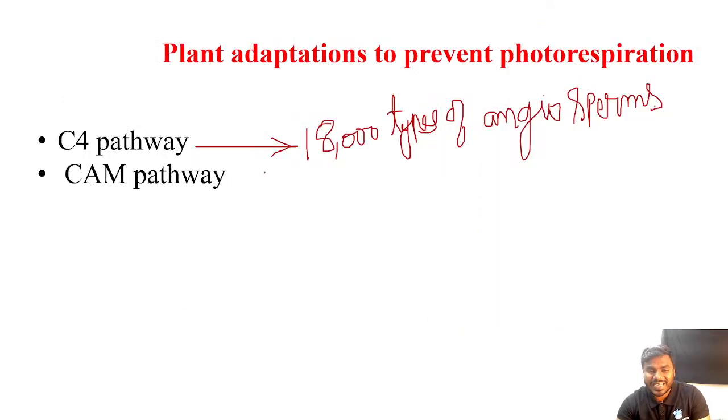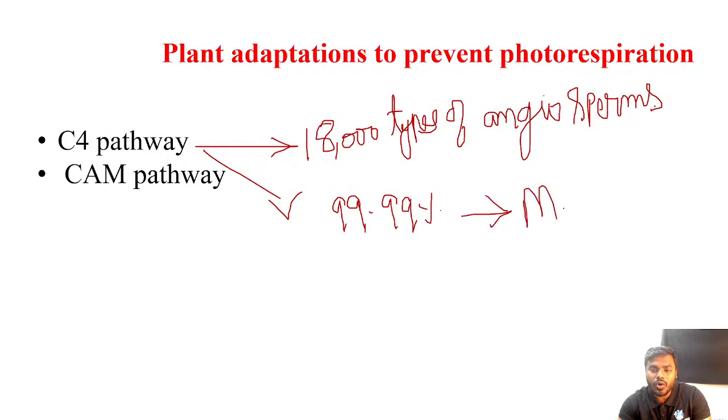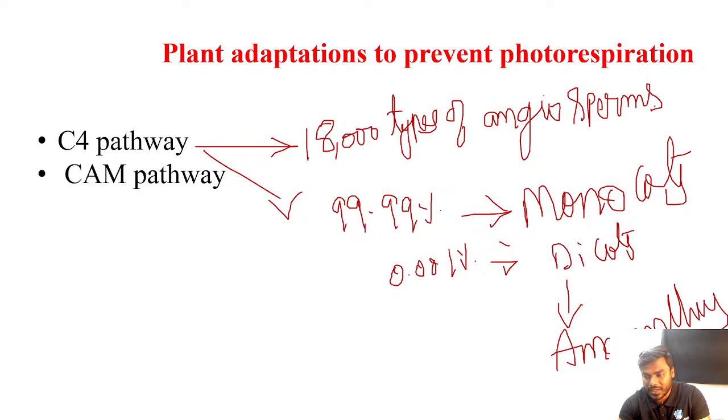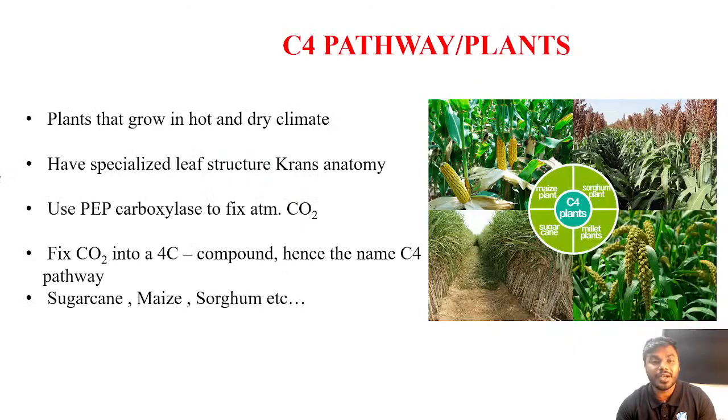But my friends, there is an exception. 99.99% of monocots will follow the C4 pathway. But friends, at 0.01%, even dicots will also follow this C4 pathway. The best example is Amaranthus. Amaranthus is the dicot which follows this C4 pathway. Please kindly do not forget this point.